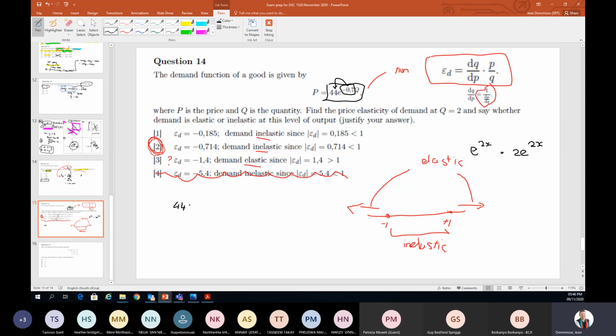So it will be minus 0.7 e minus 7 times 2.